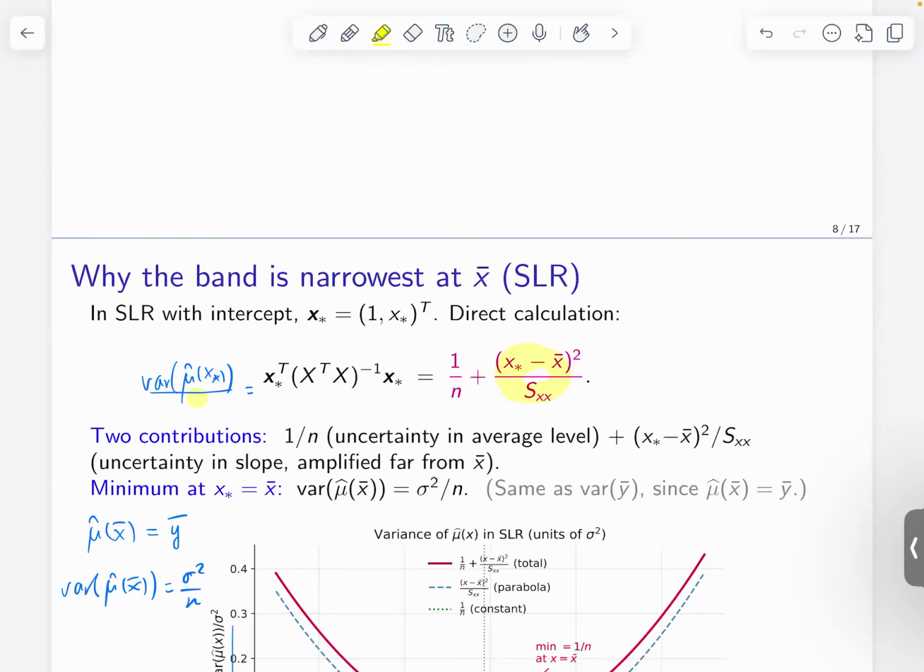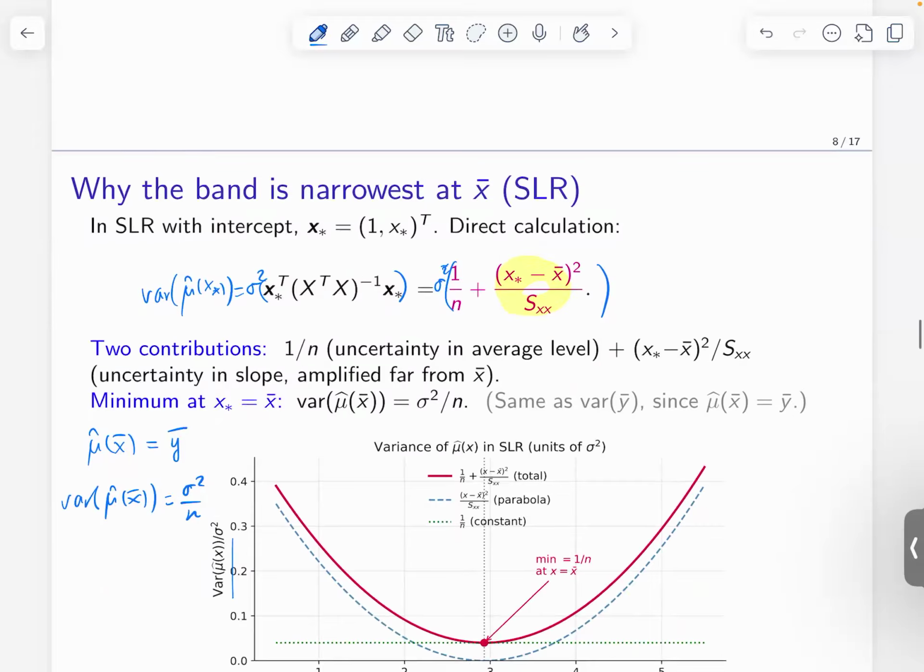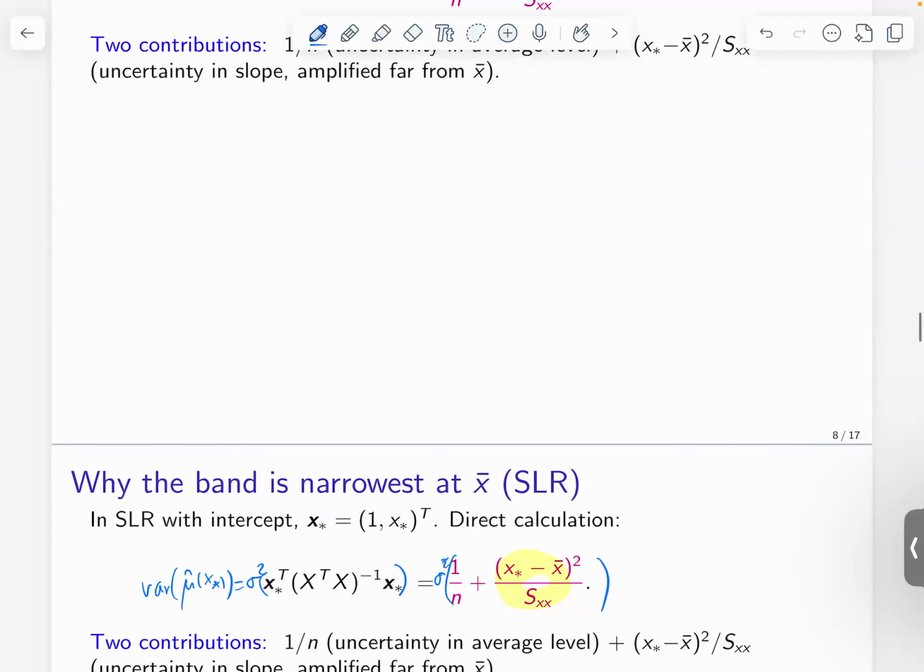So let me delete this. This would be sigma squared times this. So at the minimum it would be sigma squared over n, and as we go away, on the bands, this sigma squared is replaced by s squared, and you take a square root of everything.